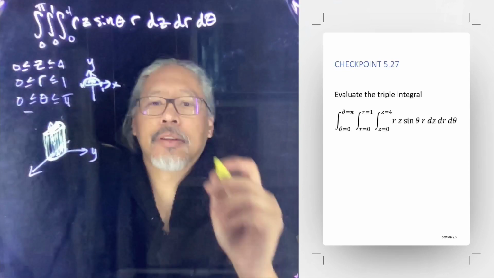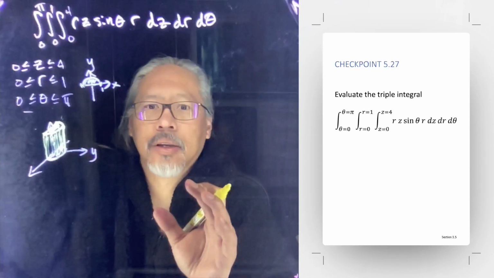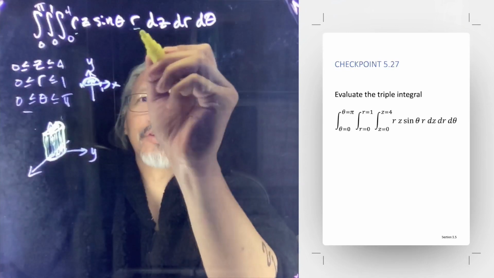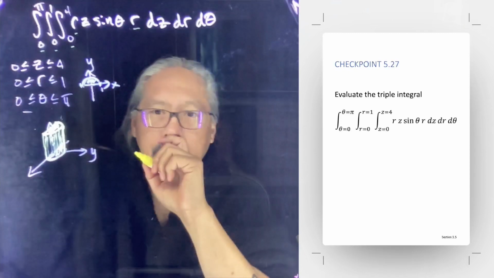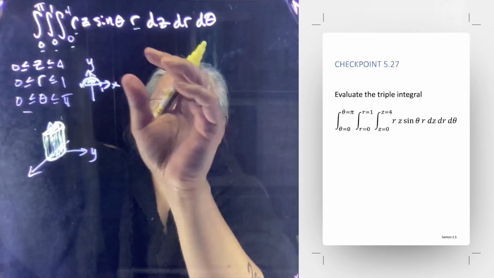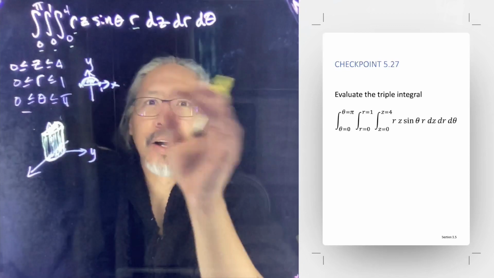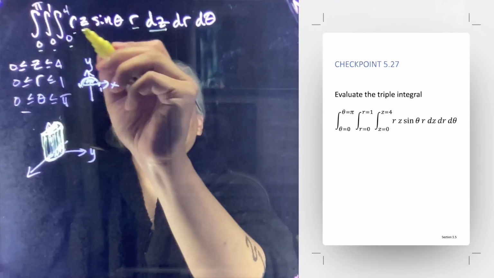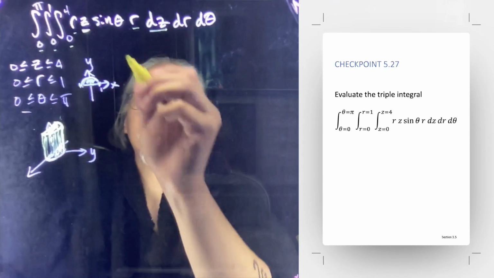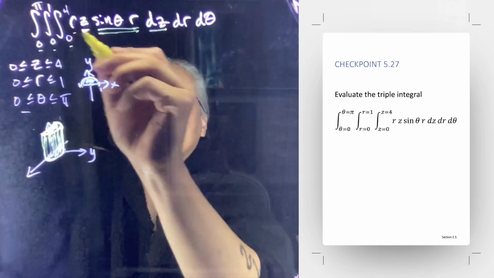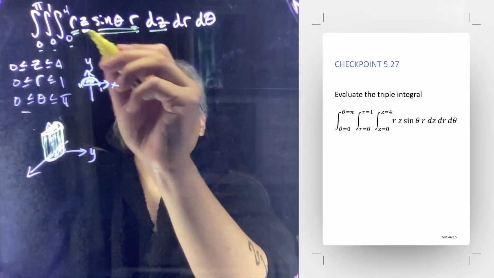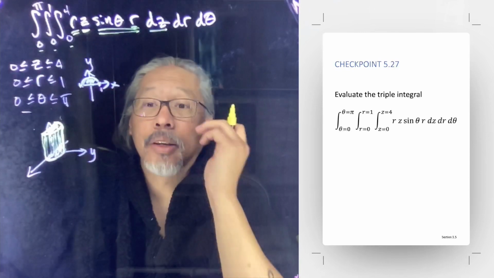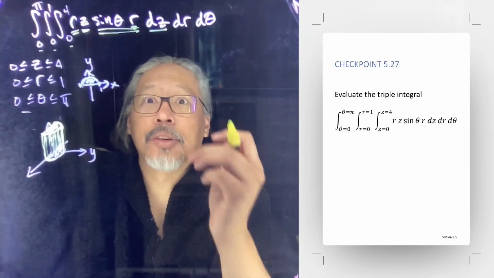Also, if we have integrals that are just factors and you have constant limits, you can take one factor out of the integral because it's constant. For example, with respect to z, z is the only variable there, and so technically you can take the r squared sine theta out, and then all you would have left is your integral for z.